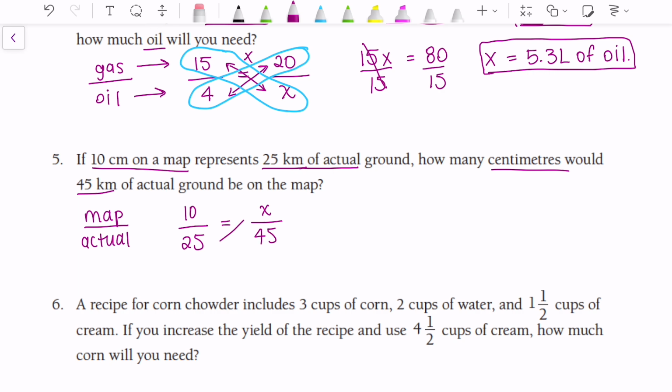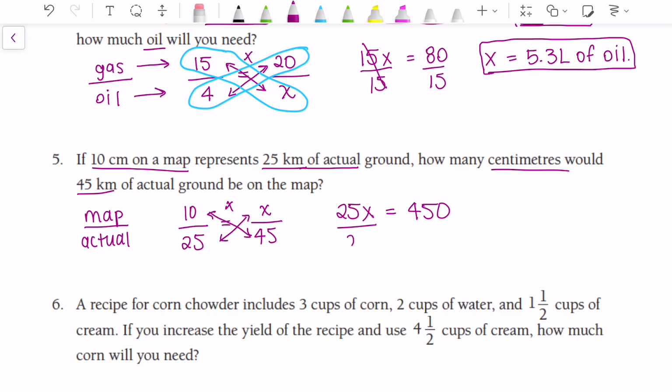Okay, again, we're going to cross multiply. Easiest method and most efficient way, if you understand. 25 times x is 25x, equals 10 times 45, which is 450.